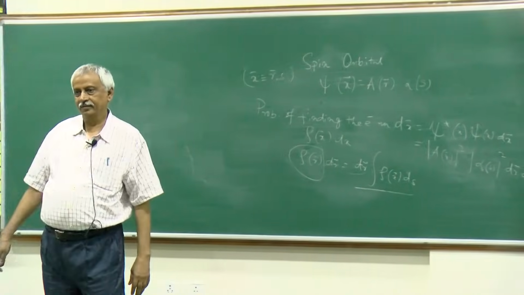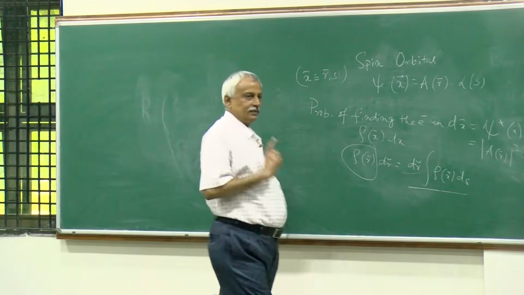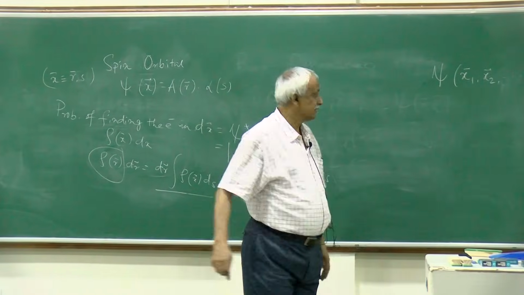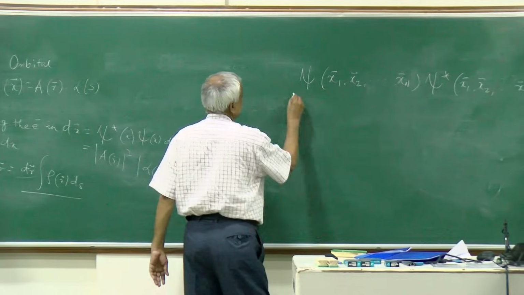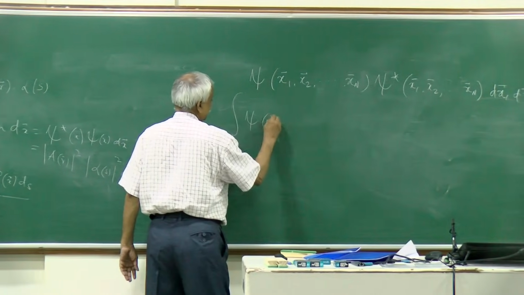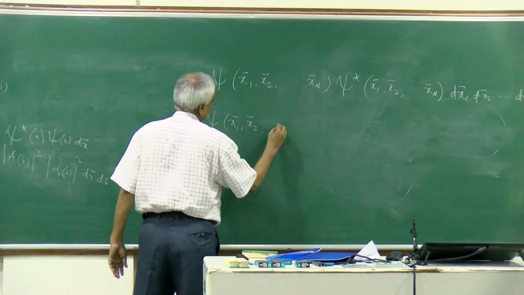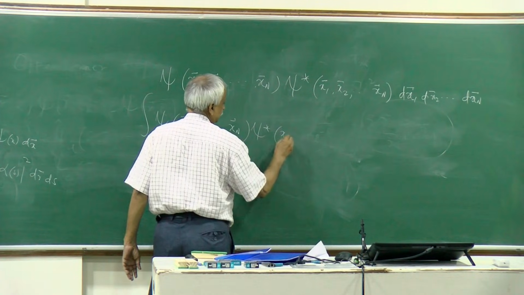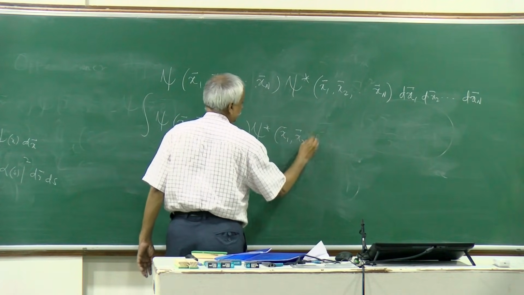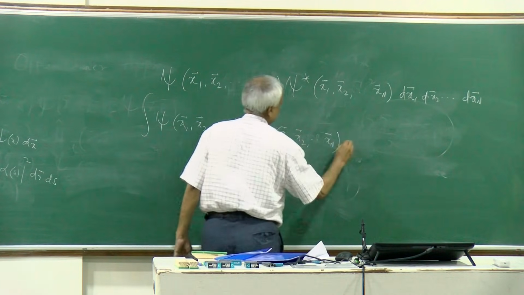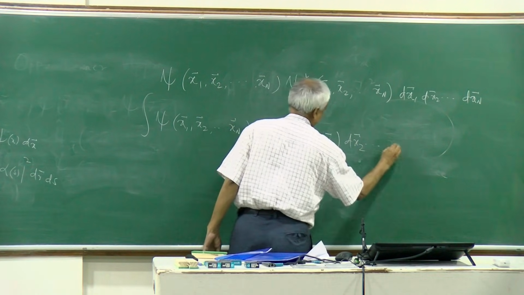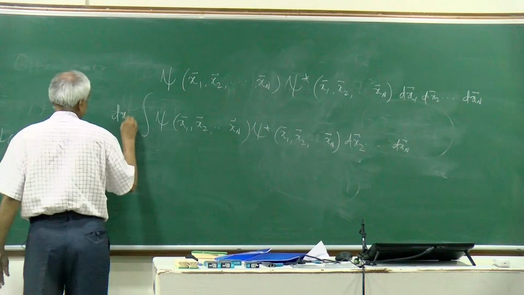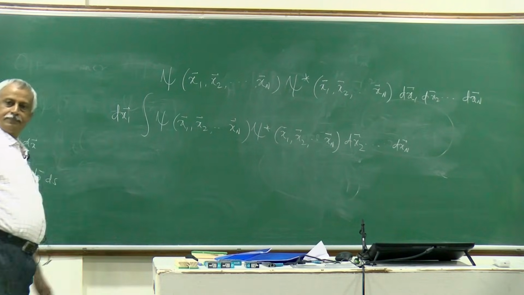So, electron 1 in dx1 and rest of the electrons anywhere. That probability would be an integral.